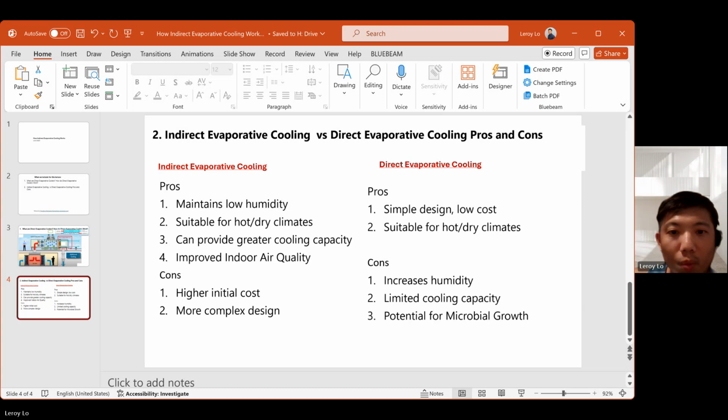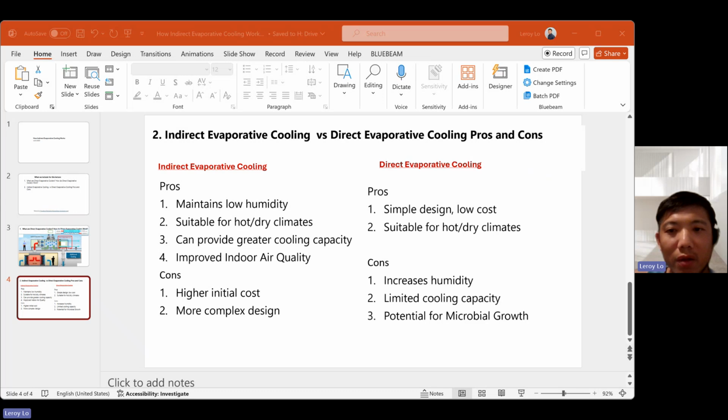Okay, moving on to the next one. You will normally ask, which one should we choose: indirect evaporative cooling versus direct evaporative cooling, pros and cons. Let's talk about indirect evaporative cooling on the left side of the chart. The pros: it maintains low humidity.